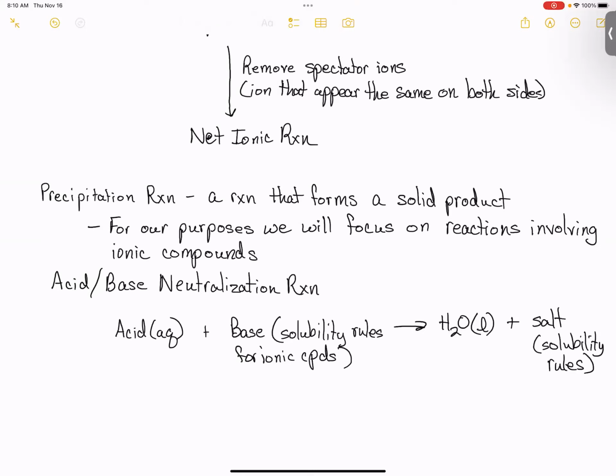So those are the two types of reactions we're going to look at to perform complete net ionic reactions with.